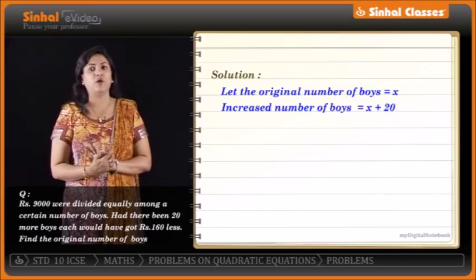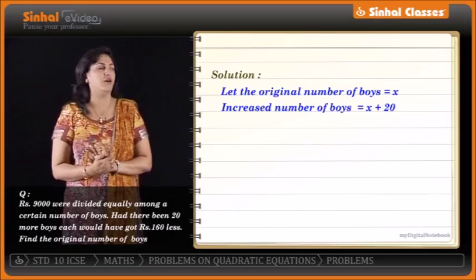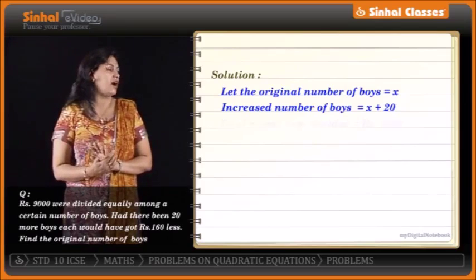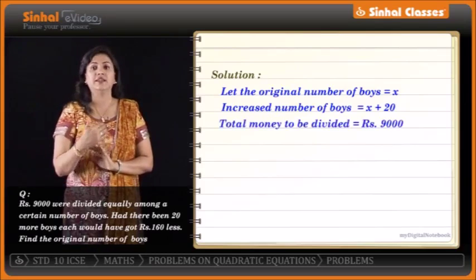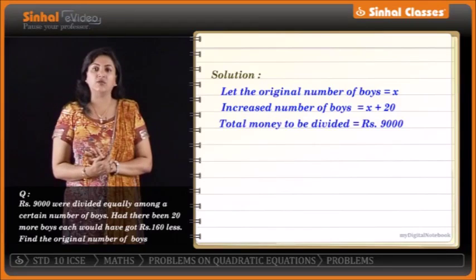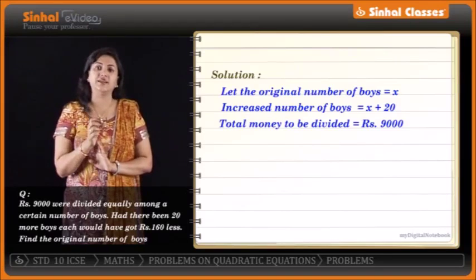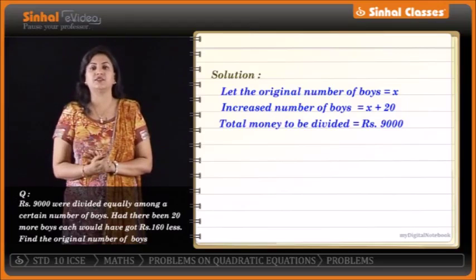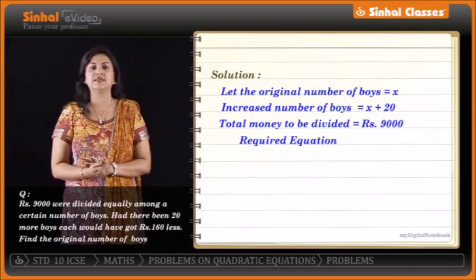Now each boy originally would have got 9,000 upon x, but now he will get 9,000 upon x plus 20. And it's given that it is 160 rupees less. So the equation can be framed as 9,000 upon x minus 9,000 upon x plus 20 is equal to 160.